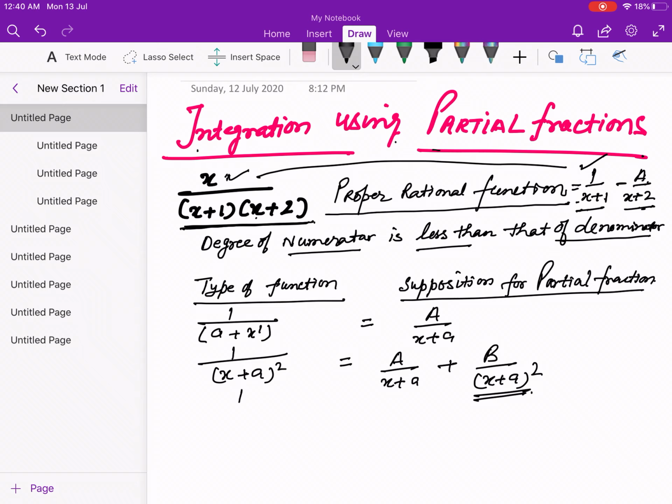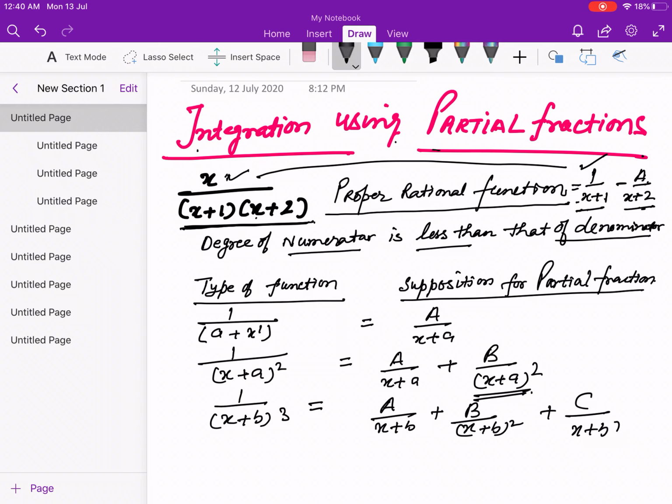Similarly, if it is cubic, like x plus b whole cube, it has three fractions: a upon x plus b, b upon x plus b whole square, c upon x plus b whole cube.